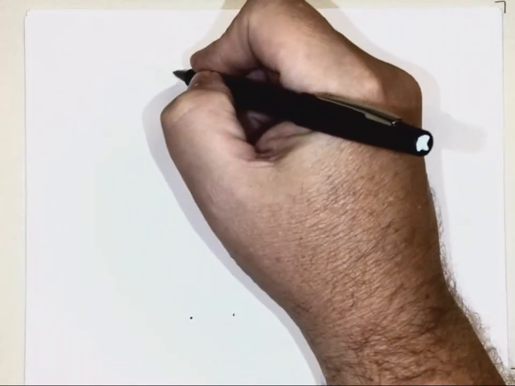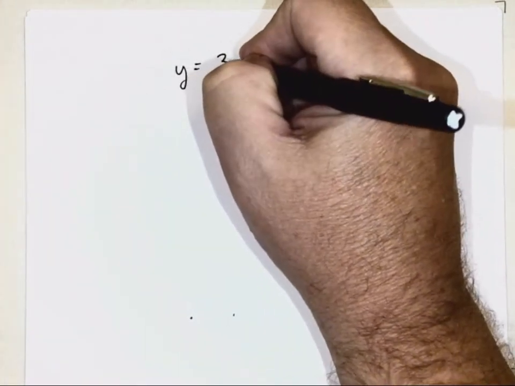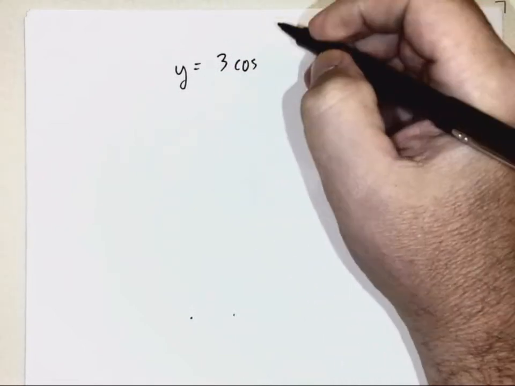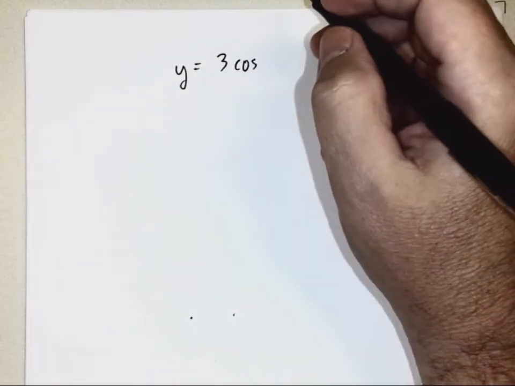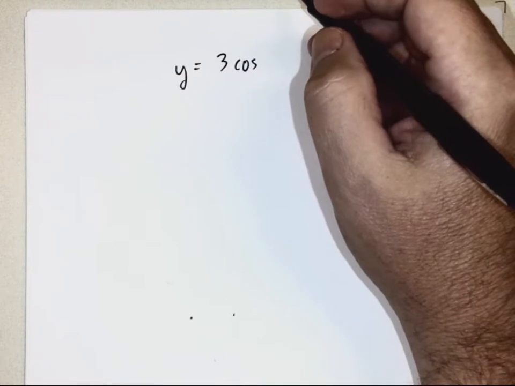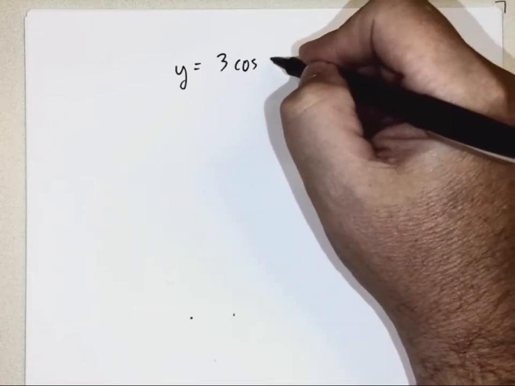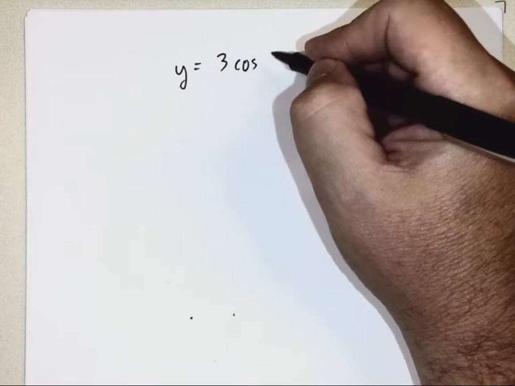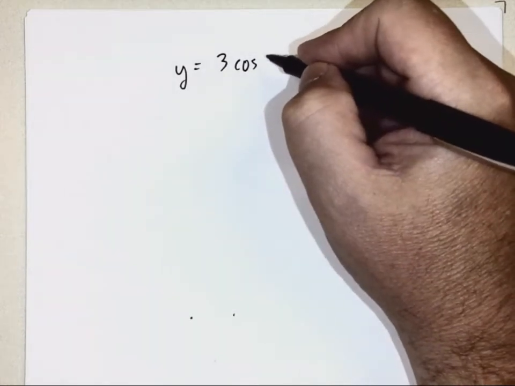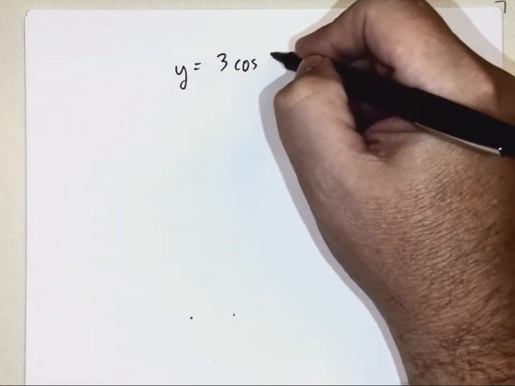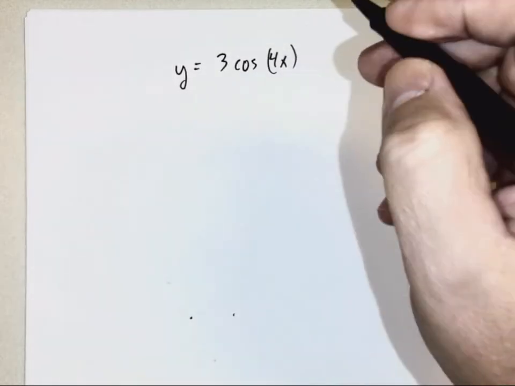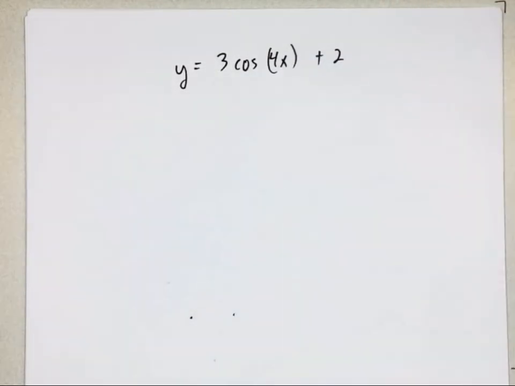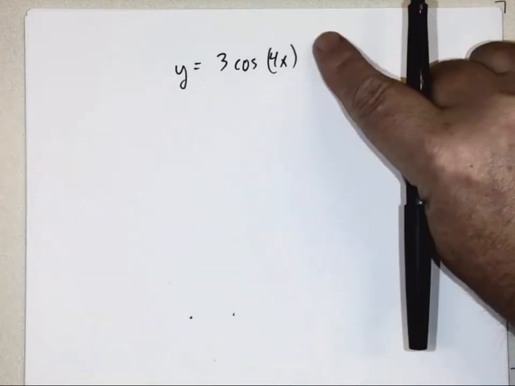One of the things they will do is 3 cosine of, let's just say... So the difference is now, up until now we've had equations like this.